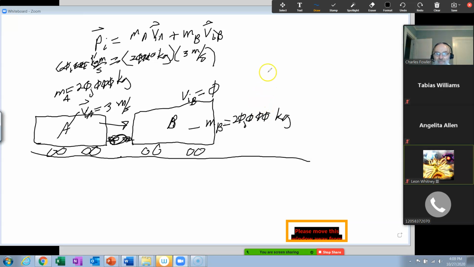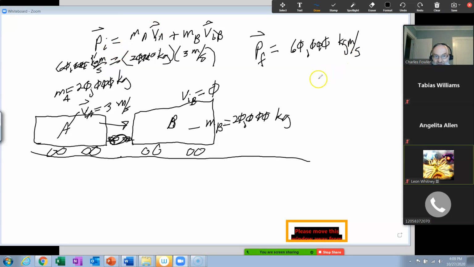But what's the final momentum of the system? P final here is also a vector quantity. Because momentum is conserved, it has to be 60,000 kilogram meter per second.